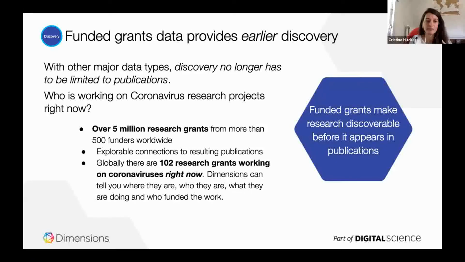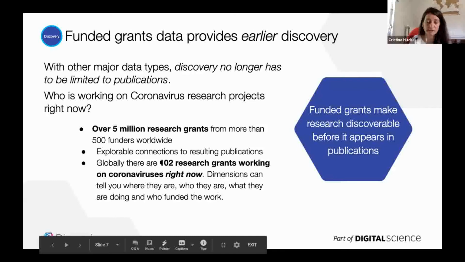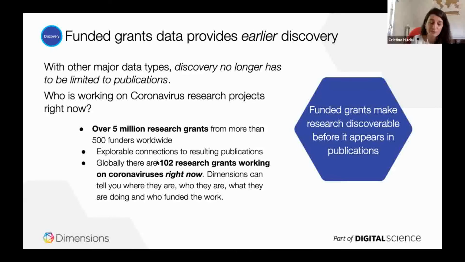And then when it comes to grants, you would find awarded grants in Dimensions. There are about 5 million of them. And because we are still in the middle of a pandemic, that probably all of you are a bit tired of right now, I thought it would be interesting to see that there are already 102 research grants captured in the database working on coronaviruses.